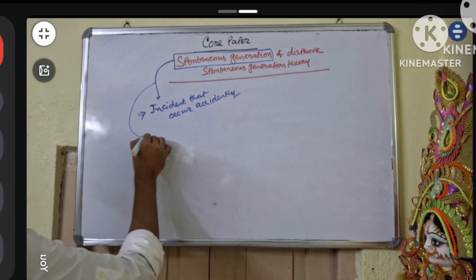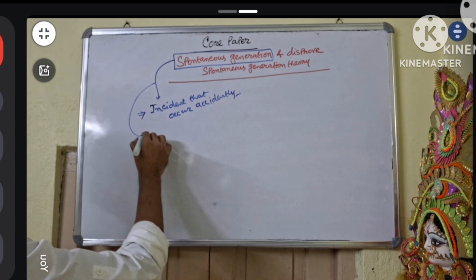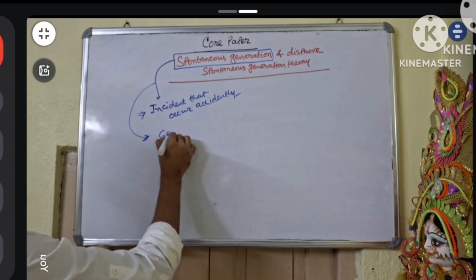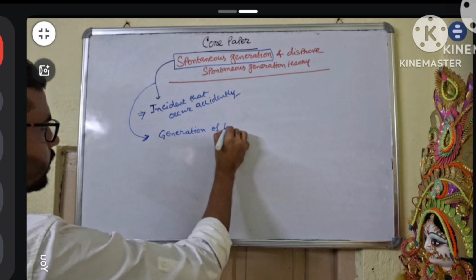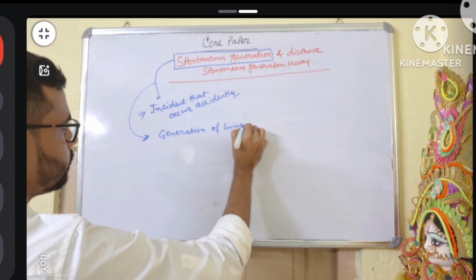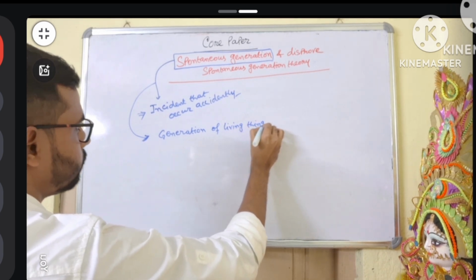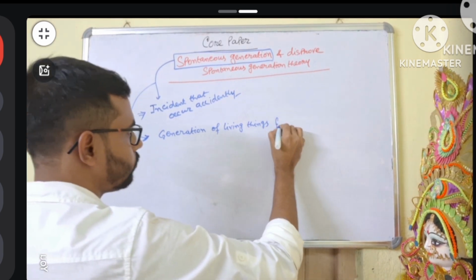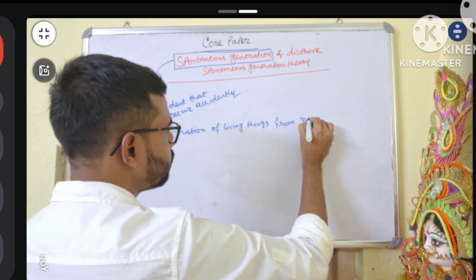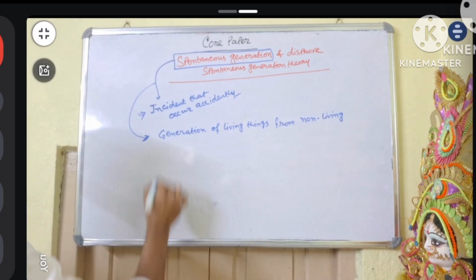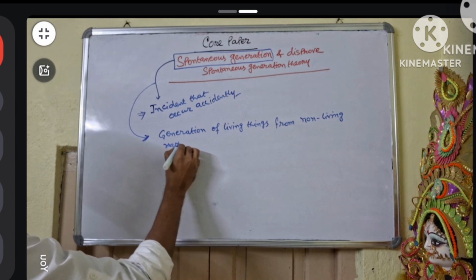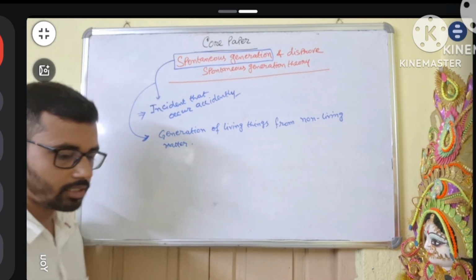So the actual meaning is that spontaneous generation means generation of living things from non-living matter. That is the concept of spontaneous generation.